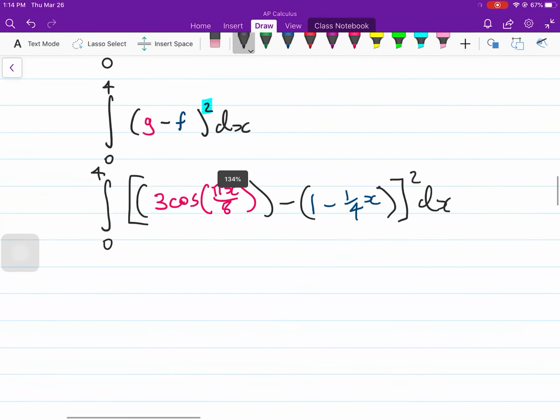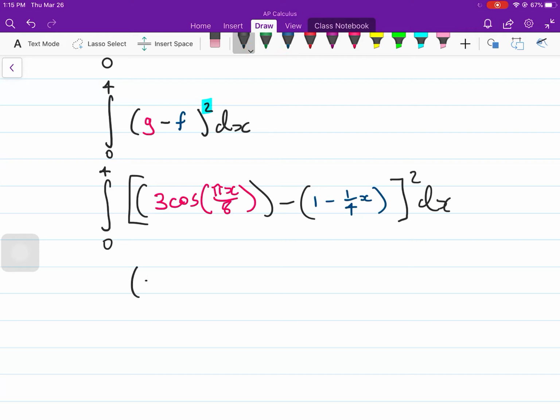Let me just scroll down here and clean this up, make it look a little nicer. So let's go ahead and combine like terms.